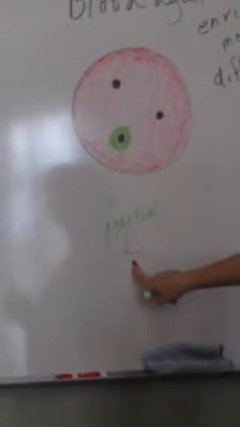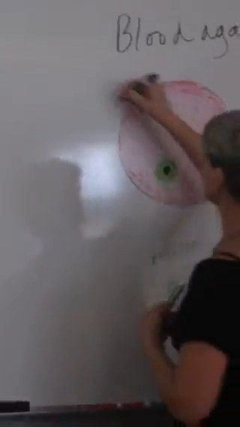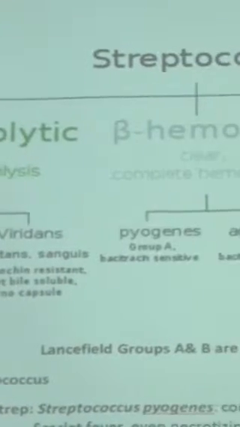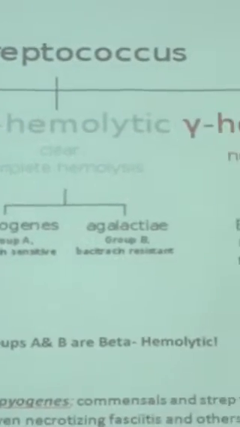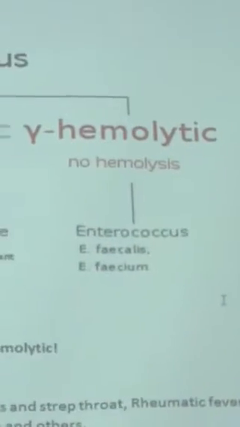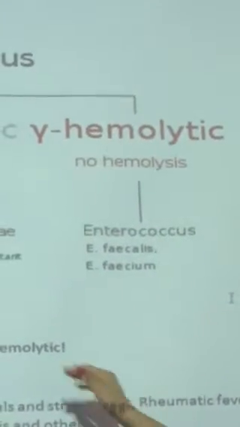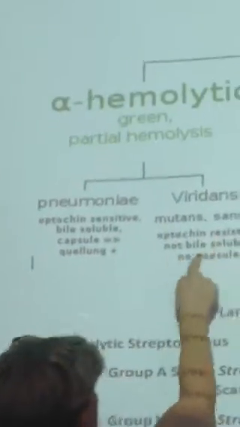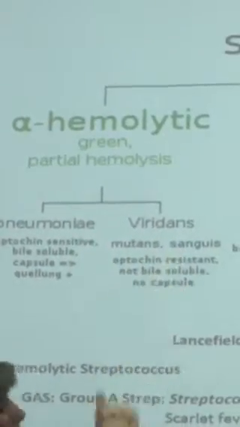This is the symbol for alpha. Gamma hemolysis is no hemolysis. Gamma is a Y.